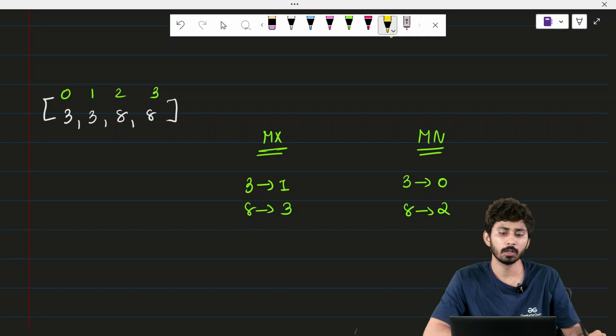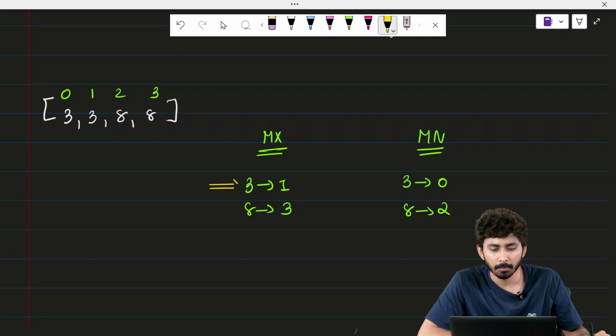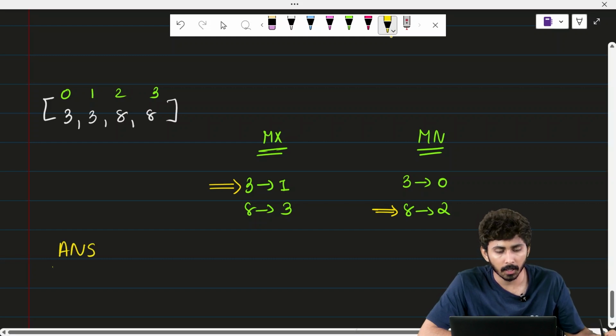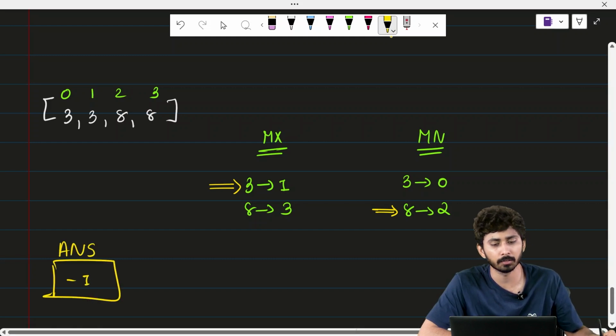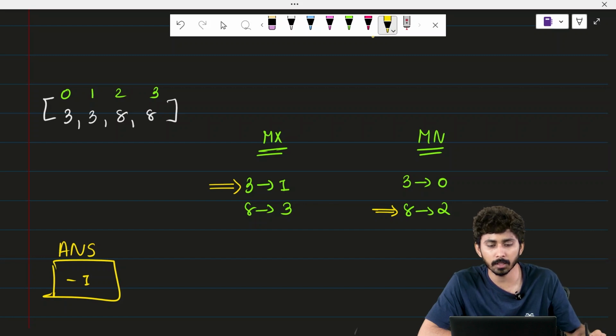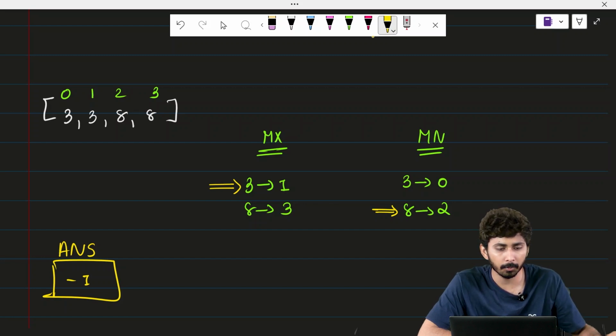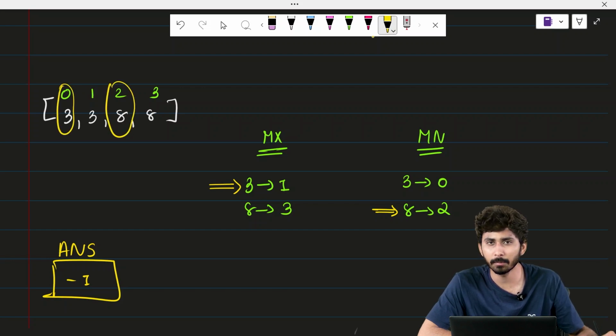Now what will you do? You will take the maximum index of 3 and you will take the minimum index of 3 and calculate the answer. Okay. So let's take answer, initially it is equivalent to -1. So here if I take maximum index of 3 and minimum index of 8, I am talking about this pair. Here you can observe, will it give you a maximum answer?